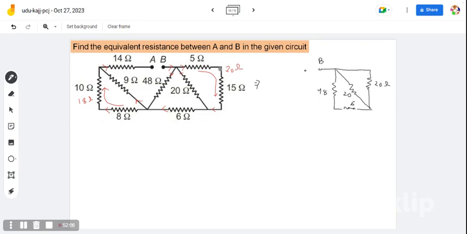Now through point A we have 14 ohms. From this point again we have two branches, so one for the series combination 8 plus 10, 18 ohms, so we reduce it as 18 ohm. From here again we have a branch of 9 ohm, and these two are getting joined at 6 ohm.